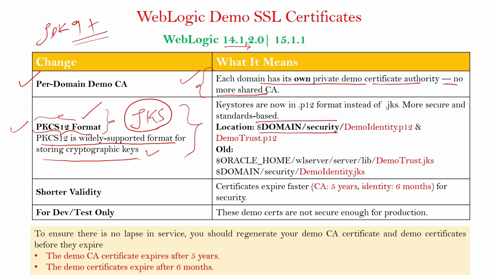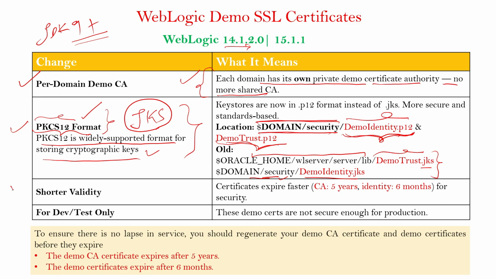Inside the domain, you will have a security folder, and inside that, your demo identity keystore and demo trust keystore. In the older JKS-based setup, the demo identity JKS was inside the same domain security folder, but the location of demo trust JKS was completely different. Now it is consolidated inside the domain security folder, and both identity and trust keystores are of PKCS12 type, with the extension .p12.